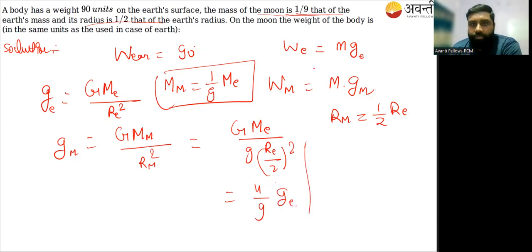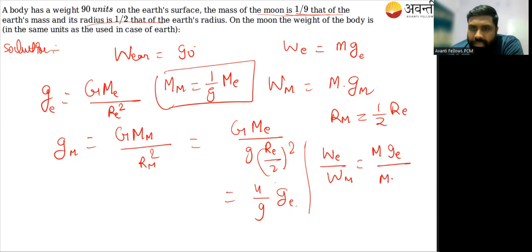Now if you compare the weights, the weight on Earth divided by the weight on moon will be equal to mass into gravity of Earth over mass into gravity of moon. Mass and mass will cancel out, as mass remains the same. The weight on Earth is 90 units. The weight on moon we have to calculate.